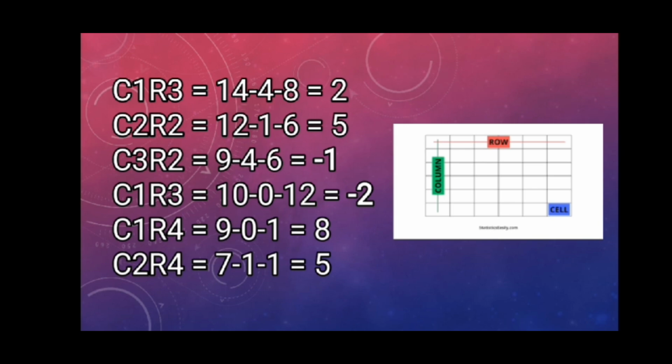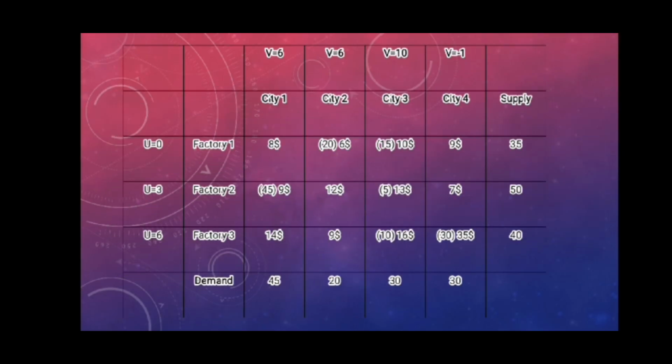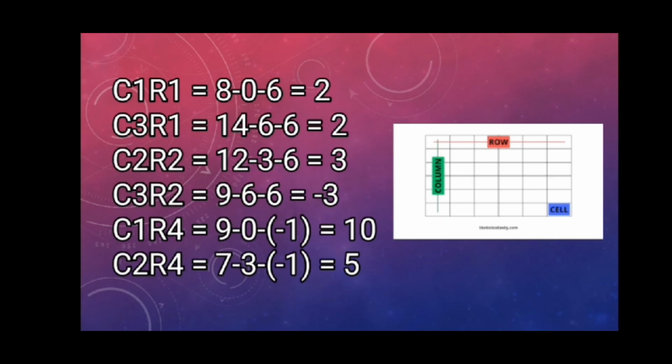Then all we need to do is find the difference for this unallocated cell so that we can determine whether we have an optimal solution. Then repeat the calculation for each unallocated cell. Once we have calculated these differences for all of the unallocated cells, we have to look at whether any of them are negative. If there is at least one negative value, we have not reached the optimal solution.